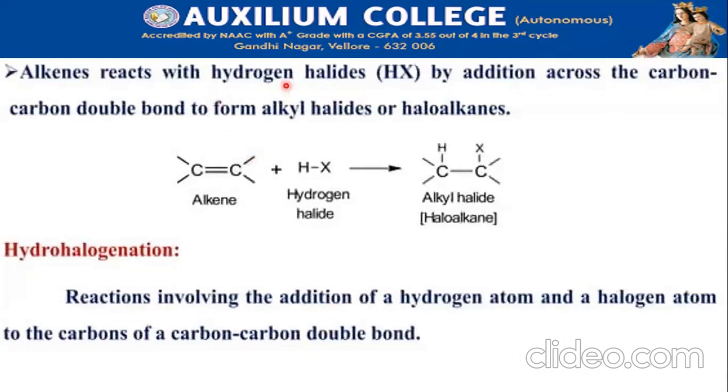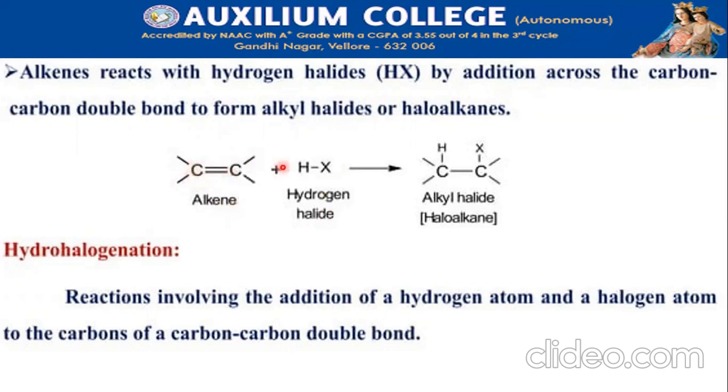So when alkenes react with hydrogen halide, the addition across the carbon-carbon double bond forms alkyl halides or haloalkanes. If you take a symmetrical alkene, for example ethylene, we are going to see.